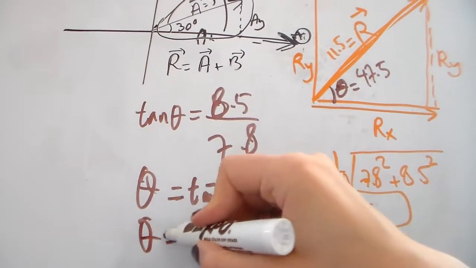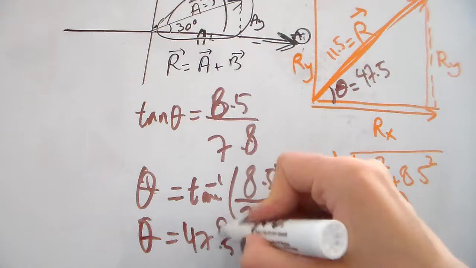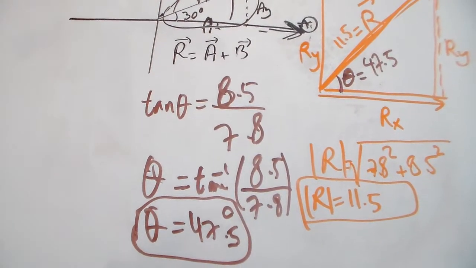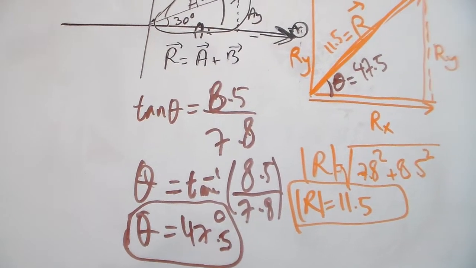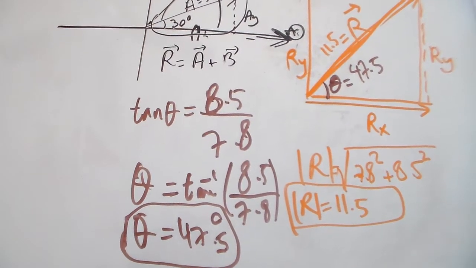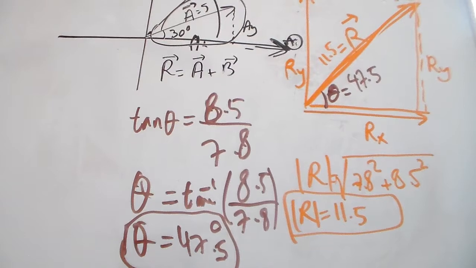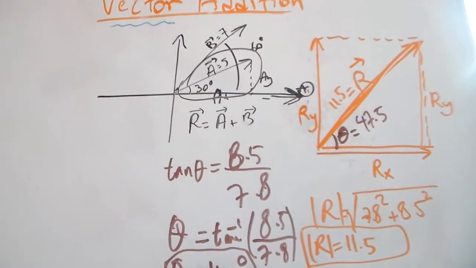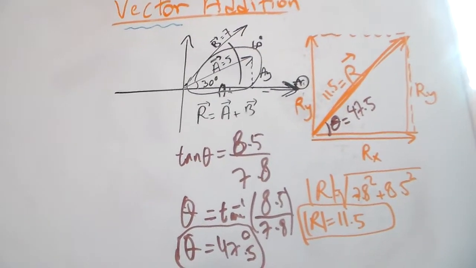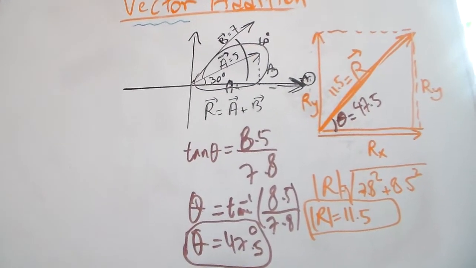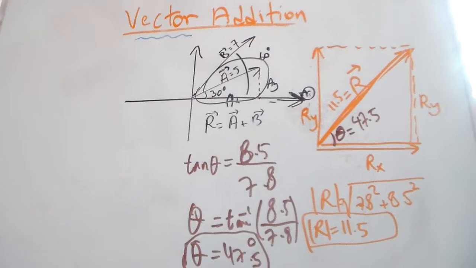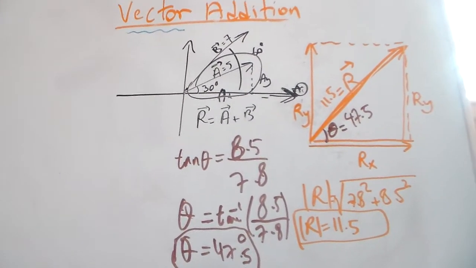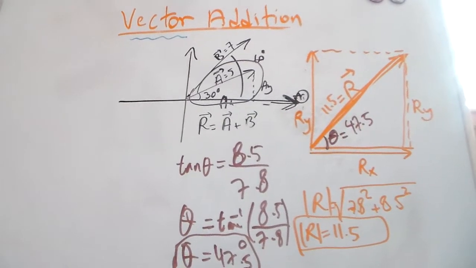So this angle is 47.5 degrees. All right. So now we have all the info that we possibly need to know how R is looking: how big it is, it's 11.5, and how tilted it is, it is 47.5 degrees with respect to the x-axis.